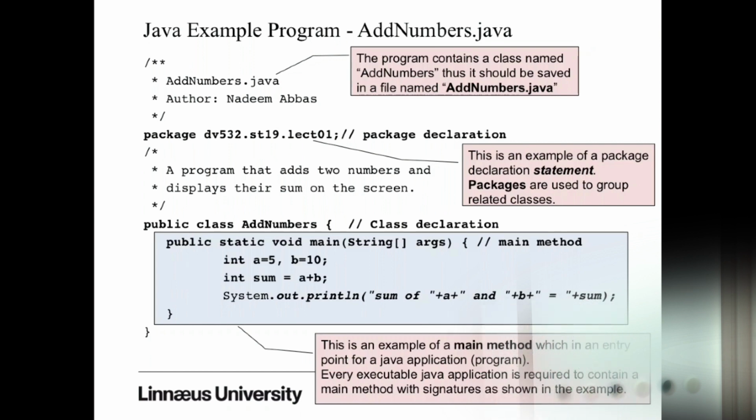That's not mandatory, but it's a good practice to organize your code. Packages are just like folders in your file system. It's like a namespace that you can use to organize your code that belongs together.